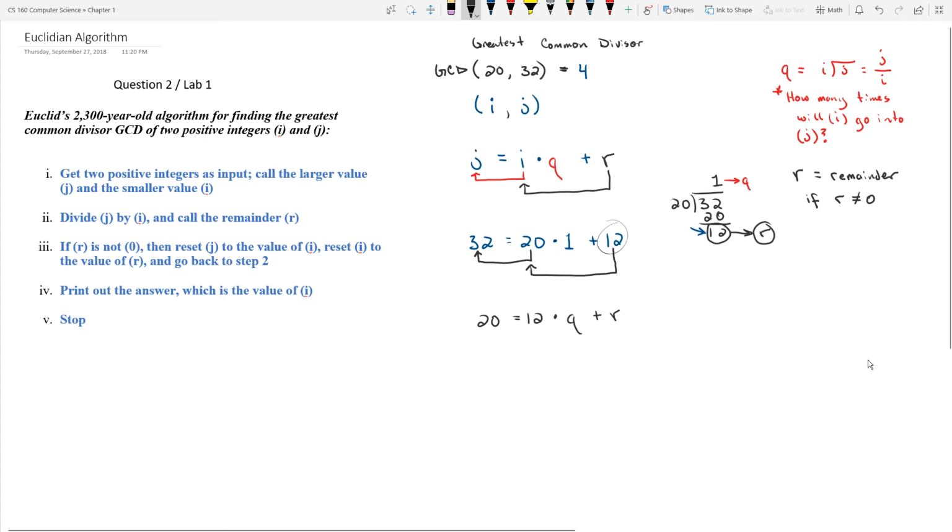Then again, we're going to divide. So it's going to be 20 divided by 12. 12 goes into 20 just one time, and our remainder is going to be 8. So now we can put those into our formula, and we have 20 is equal to 12 times 1 plus our remainder of 8.